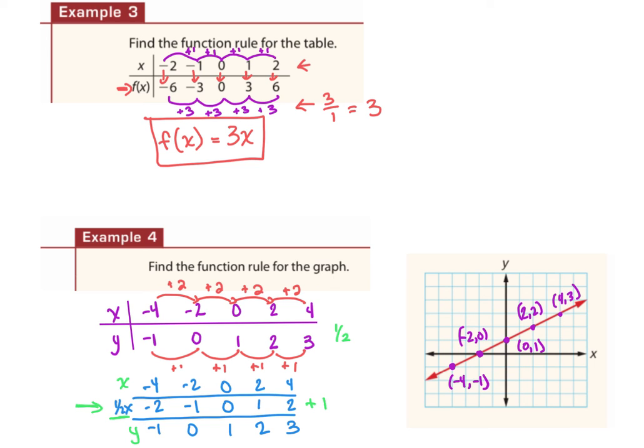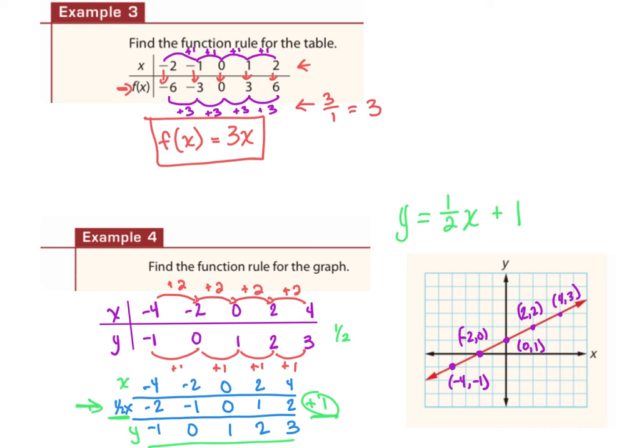But if I take all of these and just add 1, I will get my y values. Everybody see that? So my 1/2 didn't work exactly. But if I take the 1/2 x and I add 1, I will get my actual y values. So if I take my x's and I multiply them by 1/2, I don't get my y values. But if I add 1 more to them, I do.